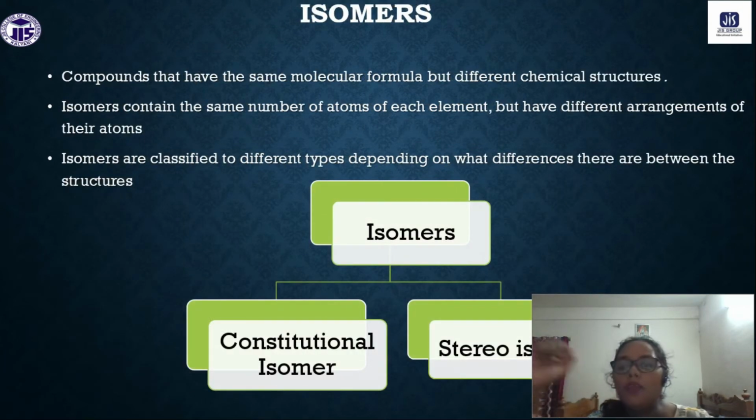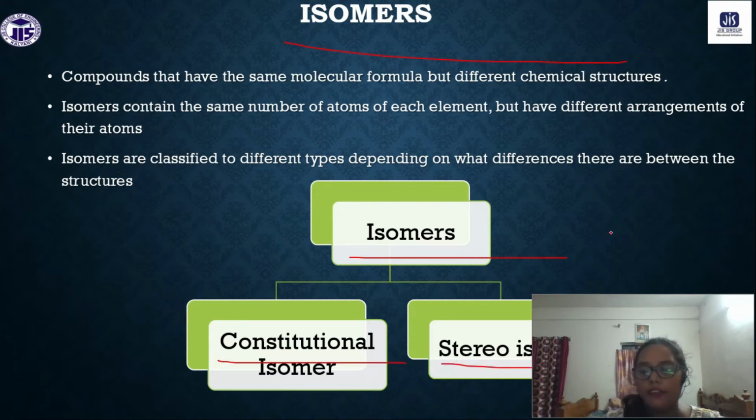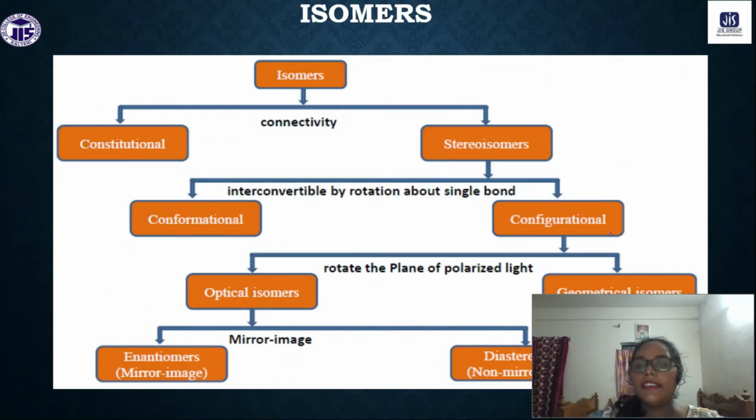Now we will discuss the isomers. Generally we have two types of isomers: one is constitutional, one is stereoisomer. This is the classification of isomers.